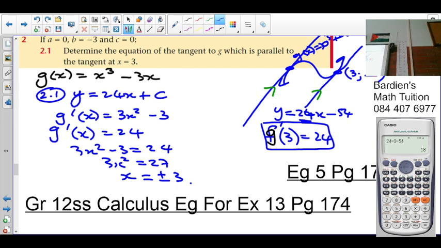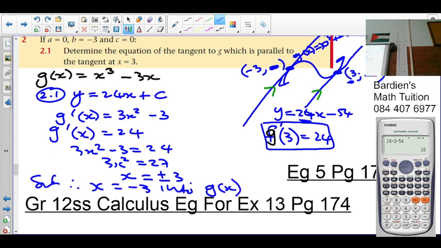Okay. Why do we have two values for x here? Because there are 2 points on this cubic function where it will have a tangent gradient of 24. Namely 3, which we know already, and this point here, which is minus 3 and some y value. How do we get that y value? By substituting the x value of minus 3 into g of x.